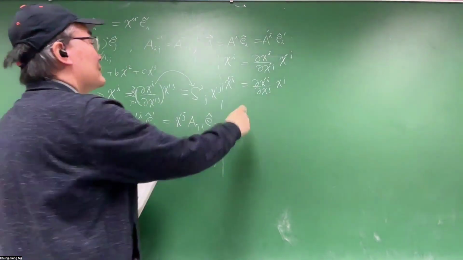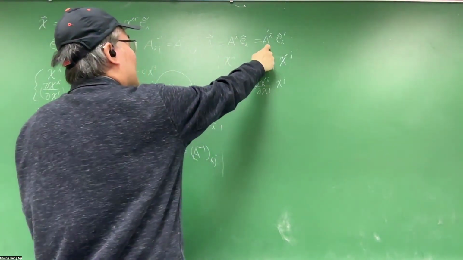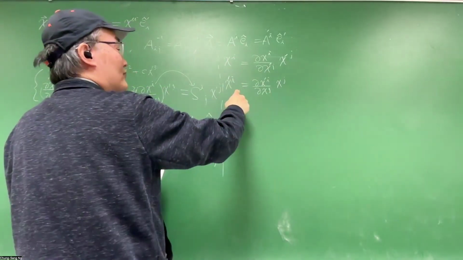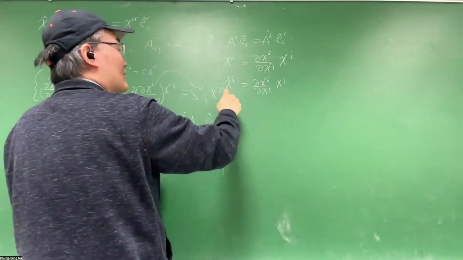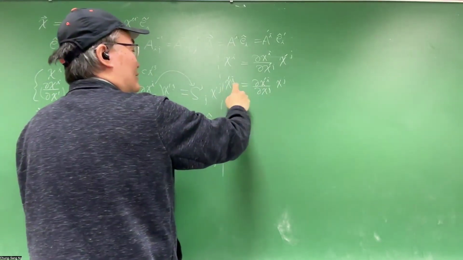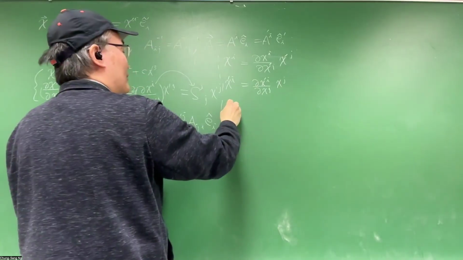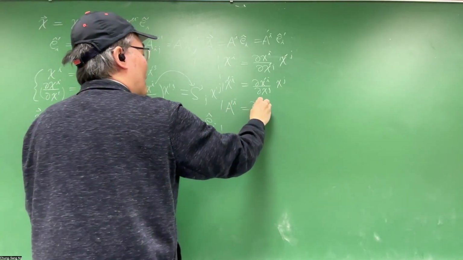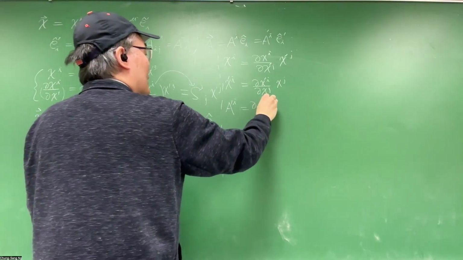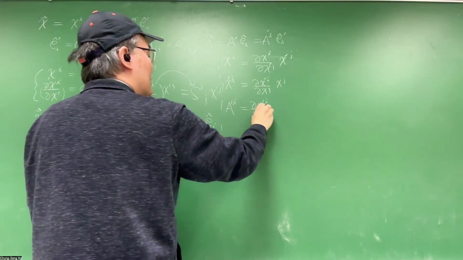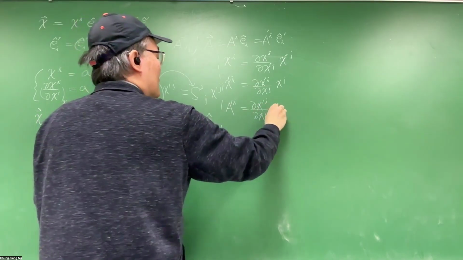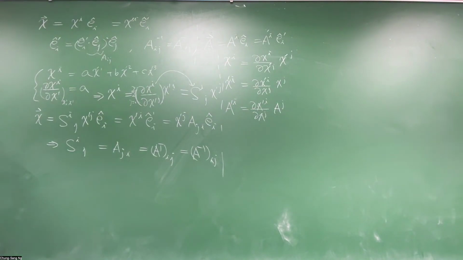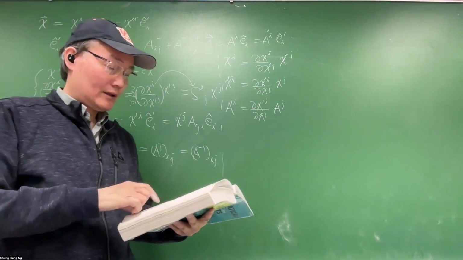And if all these components of the vector transform like a position vector using this partial derivative, partial x i partial x j, that we call a tensor.